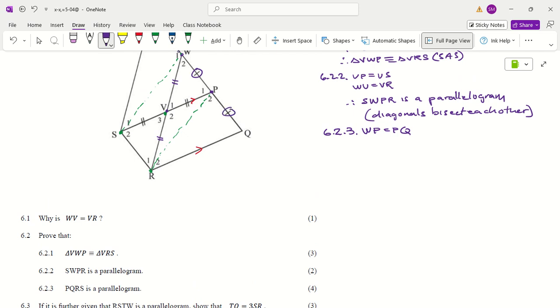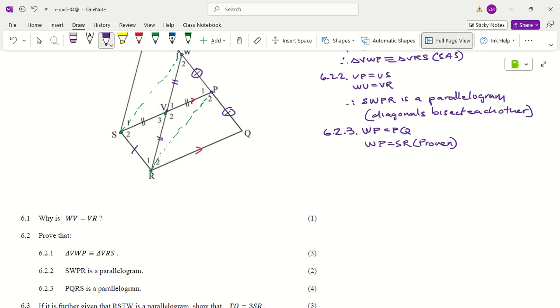And then another thing, we have just proven that WP is equal to SR from the congruency. So this is proven, so we can just put ones. So immediately we know that PQ is equal to SR.